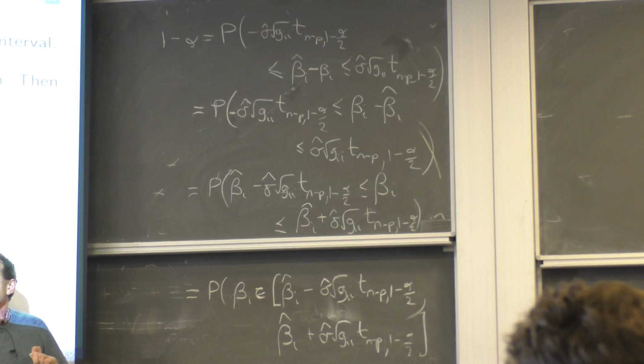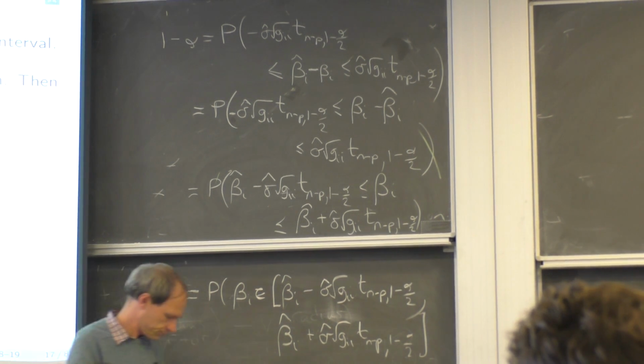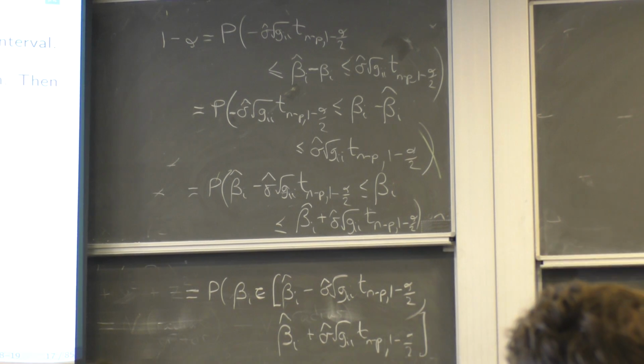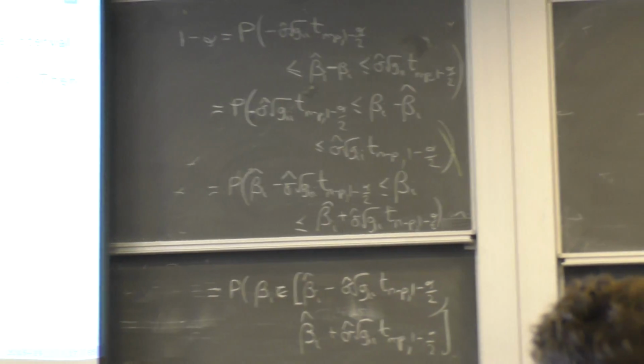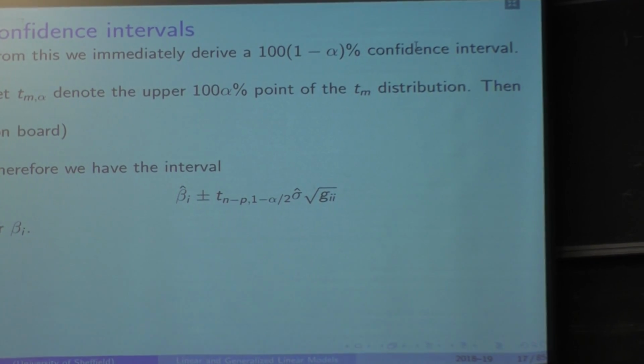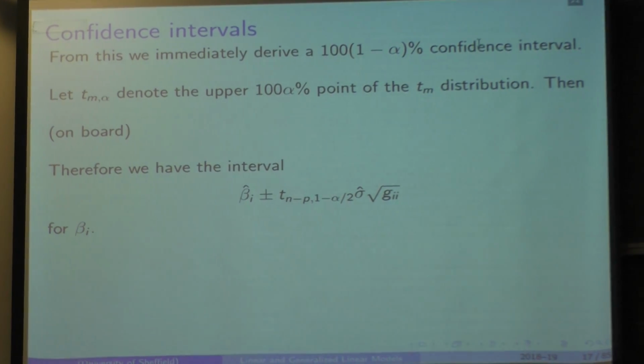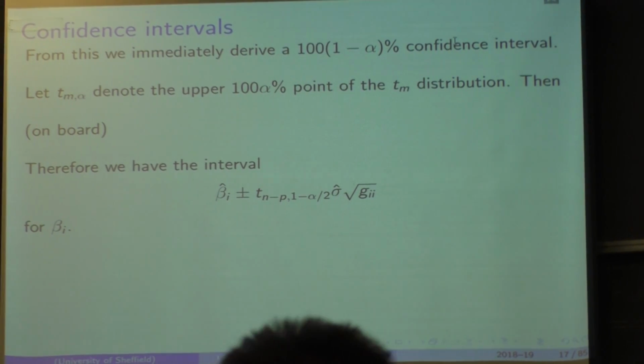Does that all make sense now? So that gives us a confidence interval for beta i, which is the two ends of the interval that I've just written, the endpoints of the confidence interval.